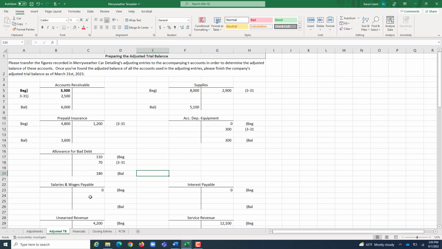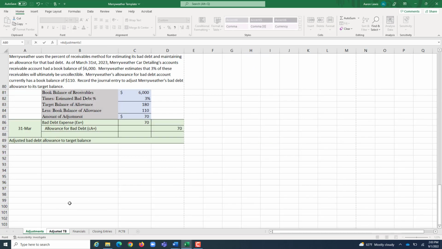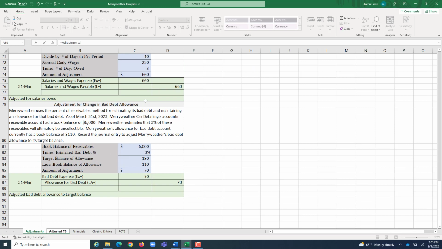Salaries and wages payable is our next one. We put some salaries and wages, which we owed, on our books, and we increased our liability to our employees. And like all liability accounts, because it ends in payable, it increases on the credit side. So let's go find the credit that we made to salaries and wages payable. And it's right up here.